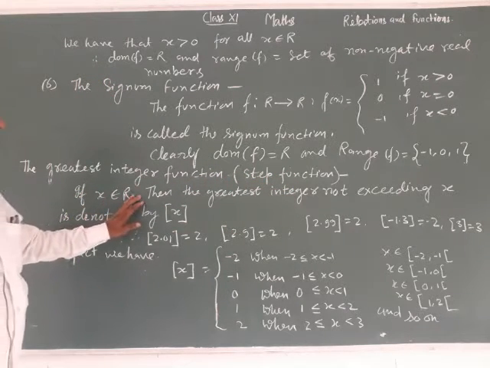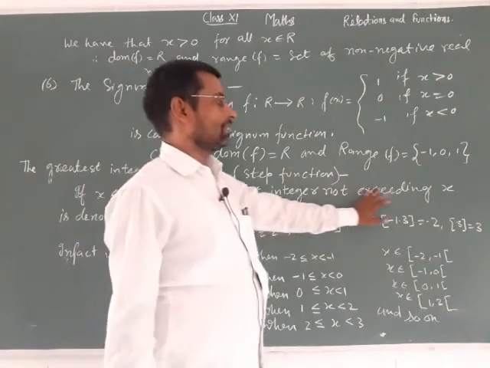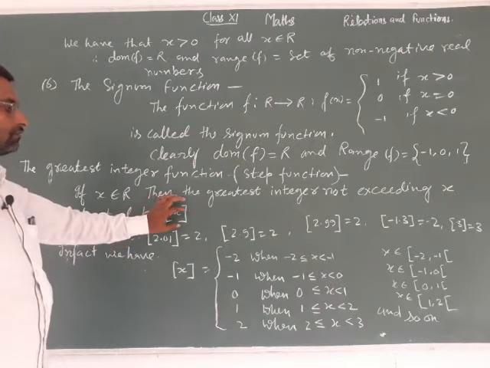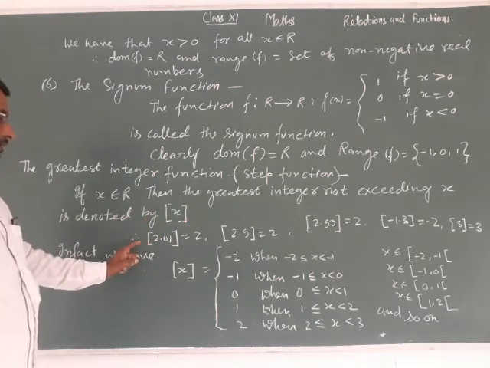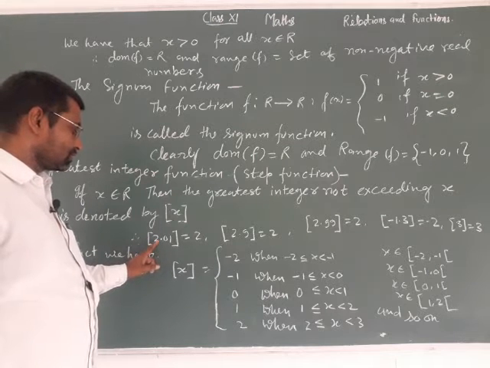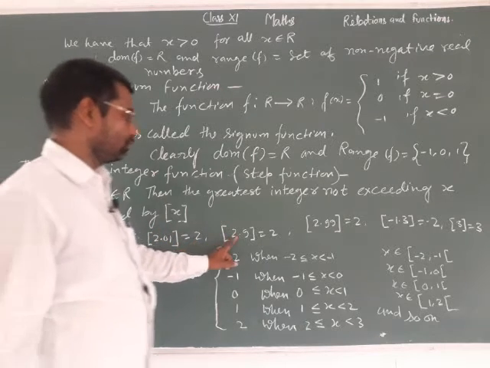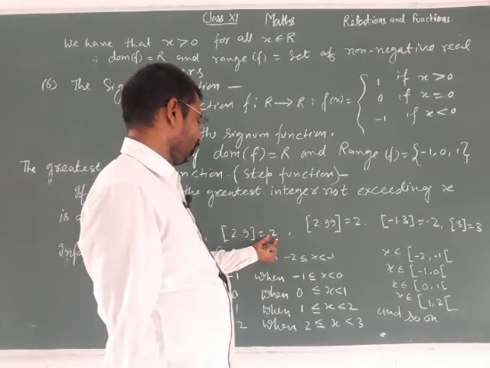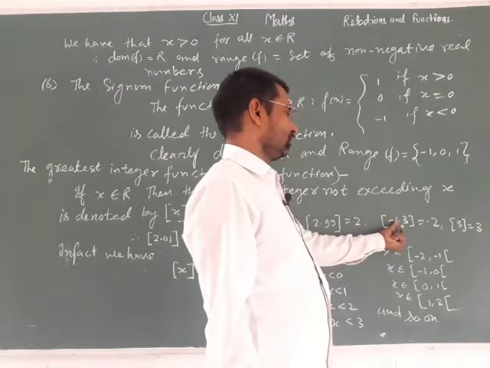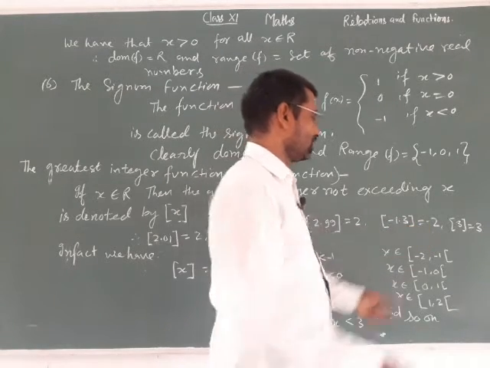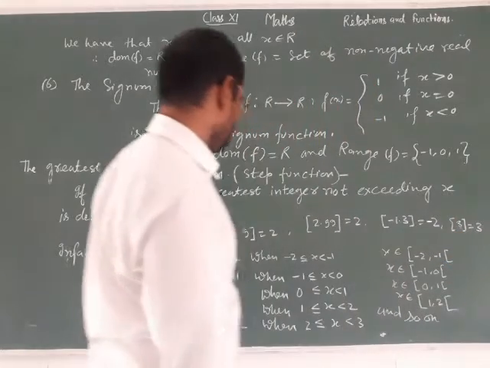If x belongs to R, then the greatest integer not exceeding x is denoted by [x]. For example, the greatest integer of 2.01 is 2, of 2.9 is 2, of 2.99 is 2, of -1.3 is -2, and of 3 is equal to 3.